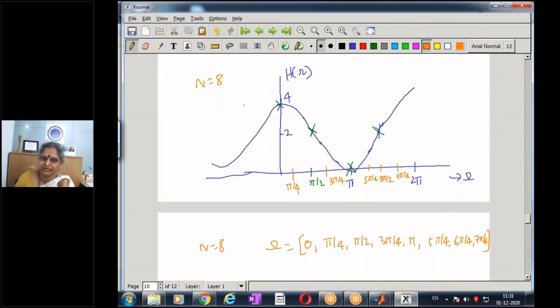So now where will my samples be? My sample is going to be here. My next sample is going to be here. My next sample overlaps with my earlier sample. Next sample is here, and this is again overlapping with the sample I had taken for n equal to 4.